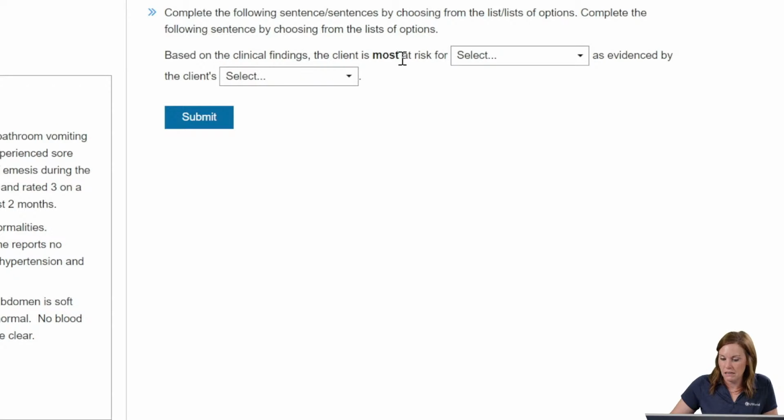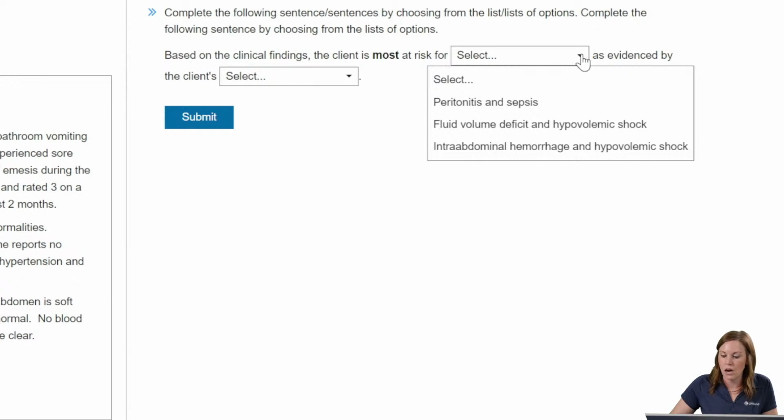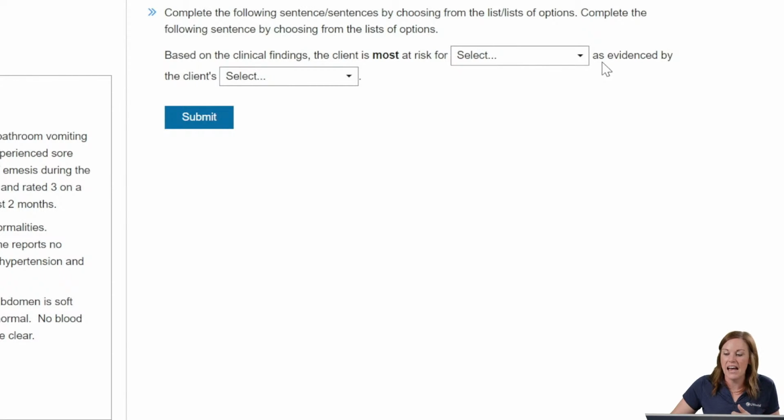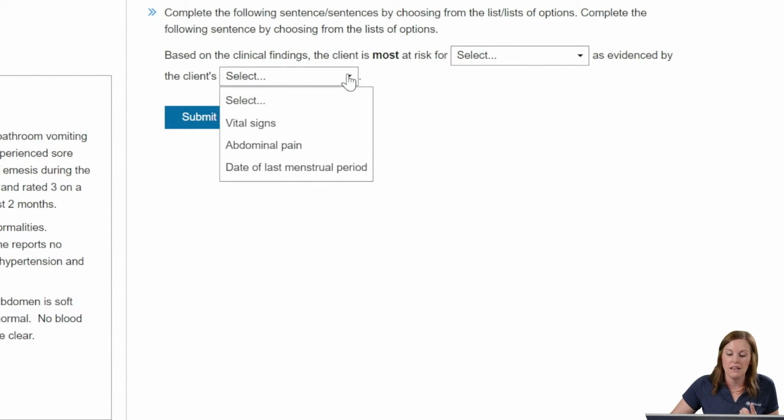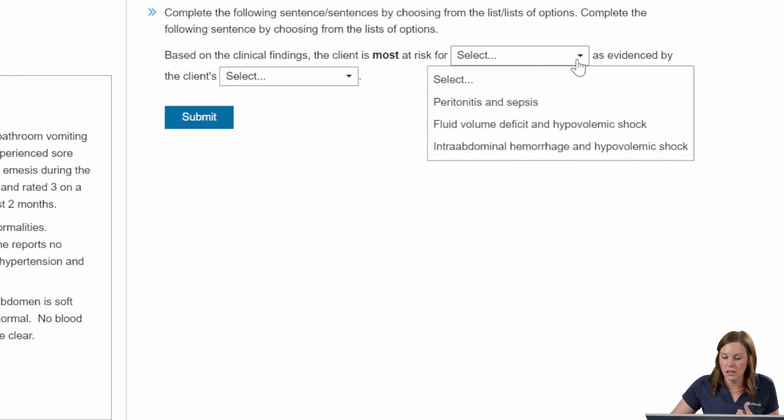Based on the clinical findings, the client is most at risk for, our options are peritonitis and sepsis, fluid volume deficit and hypovolemic shock, intra-abdominal hemorrhage and hypovolemic shock. And then what is going to support that? As evidenced by the client's vital signs, abdominal pain, date of last menstrual period. So I will let you guys answer.